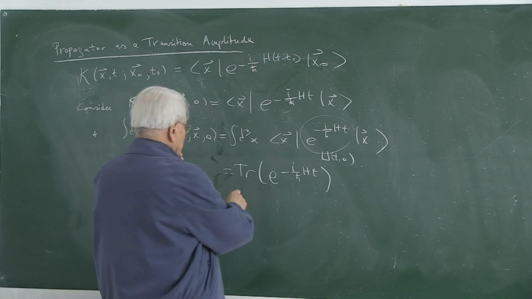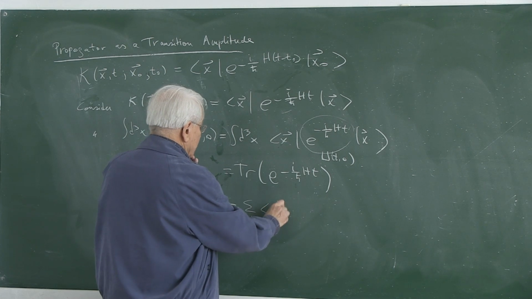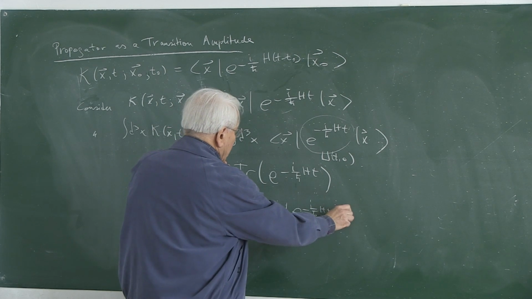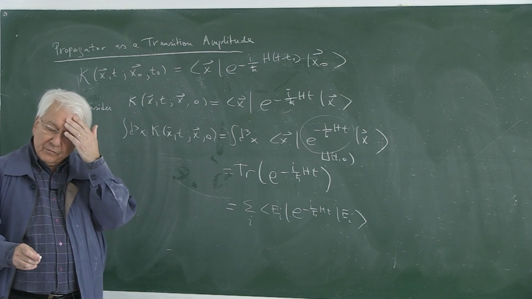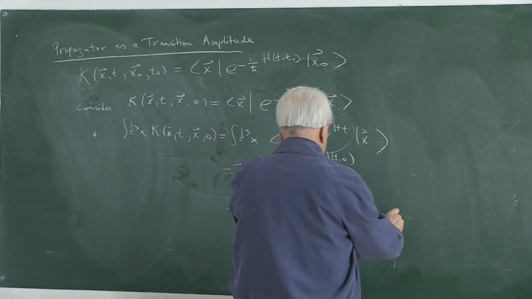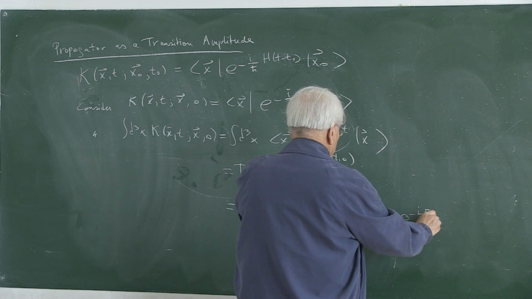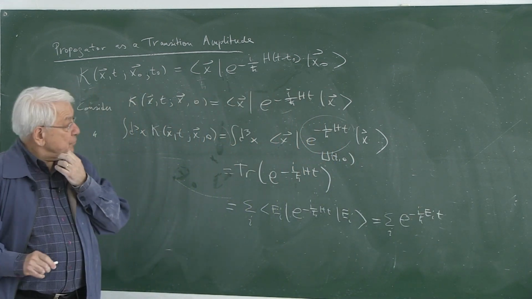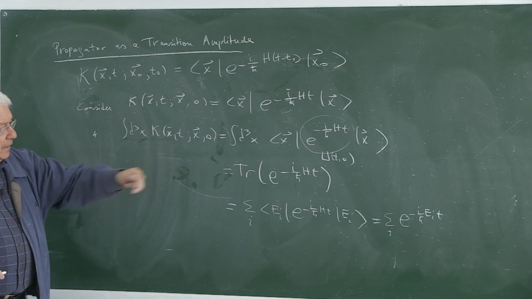For example, then I can equivalently write it as the sum over E of e to the minus i over h bar E t. That's also a trace in the E basis now, energy eigenvectors basis, which becomes this expression. So trace of this expression is really that.